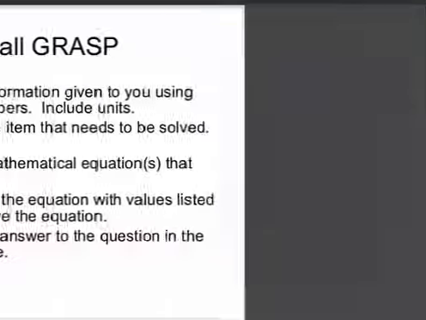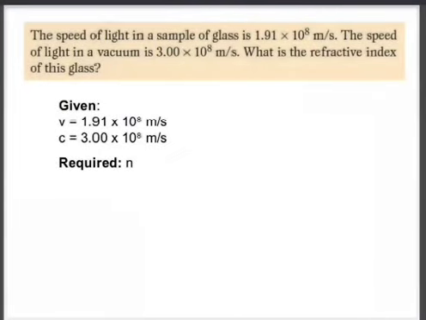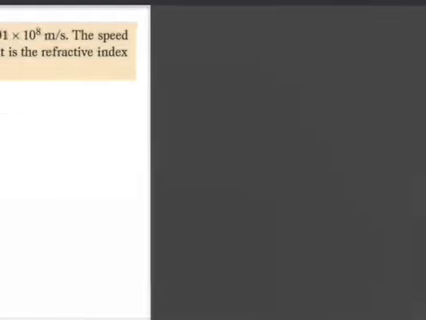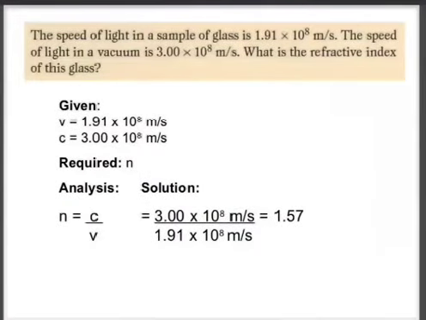You will simply use the formula of refractive index. What is required is N, that is refractive index. The formula for that is C by V. So 3 into 10 raised to 8 meter per second upon 1.91 into 10 raised to 8. When you divide it, 10 raised to 8, 10 raised to 8 get cancelled. You will get 3.00 upon 1.91.